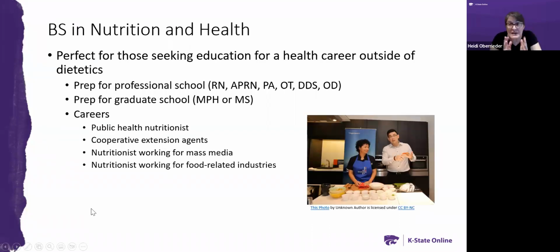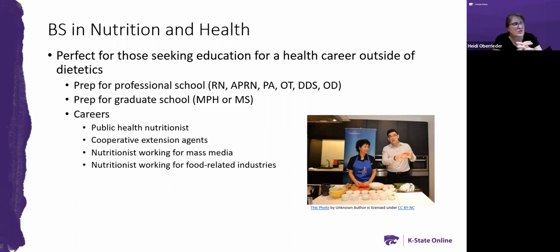So I've talked a lot about dietetics, mainly because, gee, that's the program I run, but I don't want to forget. Some of you may decide that the BS in Nutrition and Health is best for you because you don't know that you can get the B or better in the sciences. That's okay. You could go the nutrition and health route, and you will be able to find a position where you mainly do health education. And then, as I said, you could go on to graduate school, nursing school, PA school, get an MPH, but you wouldn't have to get a master's.